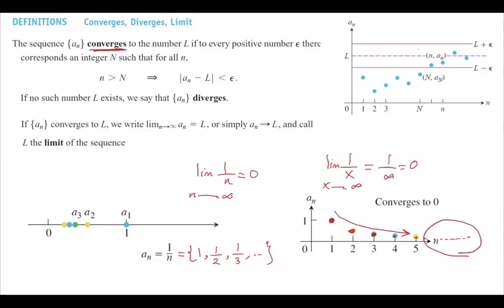Again, you can skip the behavior of the finite number of terms at the beginning because they might be oscillating or have a weird or random behavior. We are interested in seeing when n is large, when n goes to infinity, what's the behavior of the sequence at the end, toward the tail.